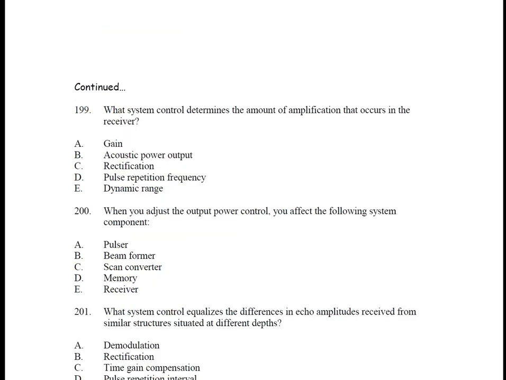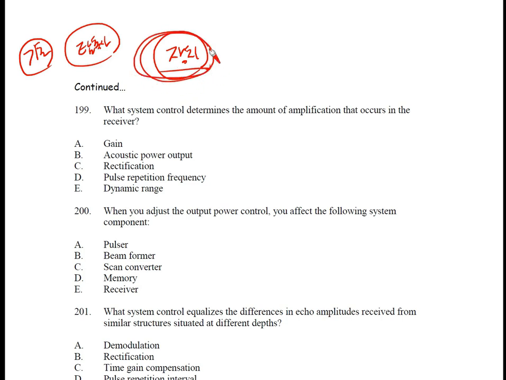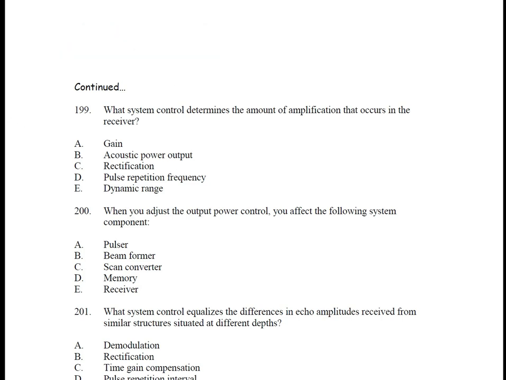The problems we will solve from here are related to ultrasound devices. In the previous section, we covered the basic principles, and in the second section, we solved problems related to the probe. Here, you can consider this as the section directly dealing with the control of ultrasound equipment. If you look at question 199, it asks which control amplifies the signal received by the receiver.